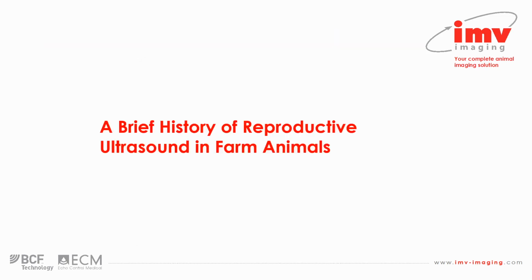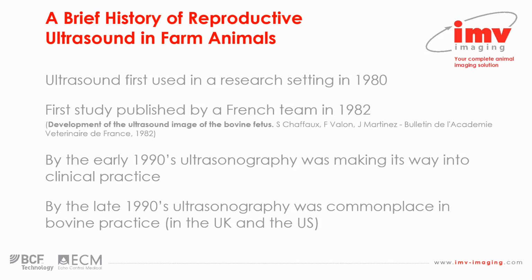So let's take a really brief look at the history of reproductive ultrasound in cattle practice. It was first used in a research setting in 1980. Seems a very long time ago now. The first study published looking at the use of ultrasonography in bovine practice was by a French team a couple of years later in 1982.